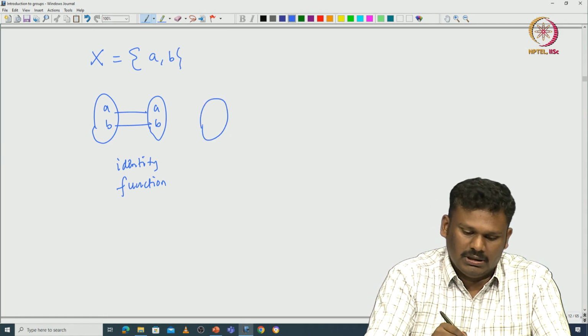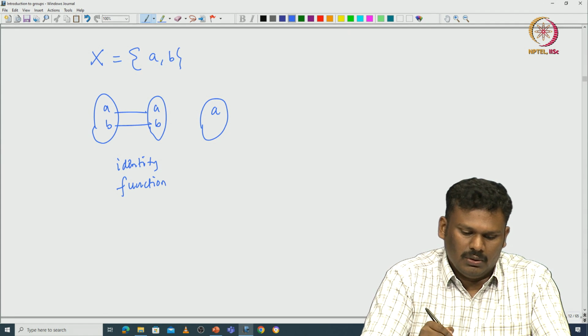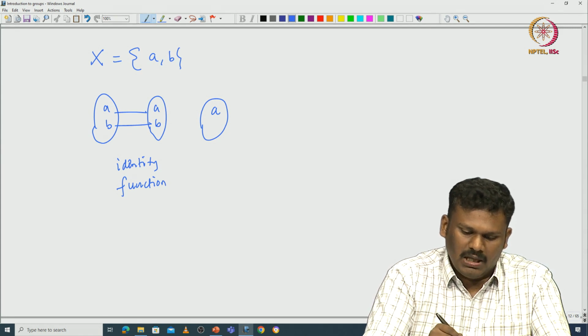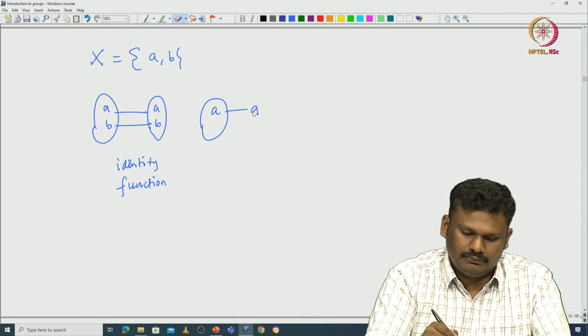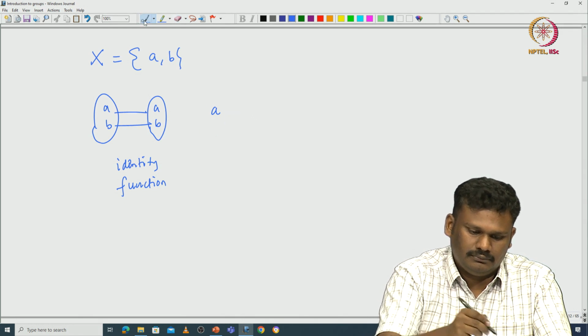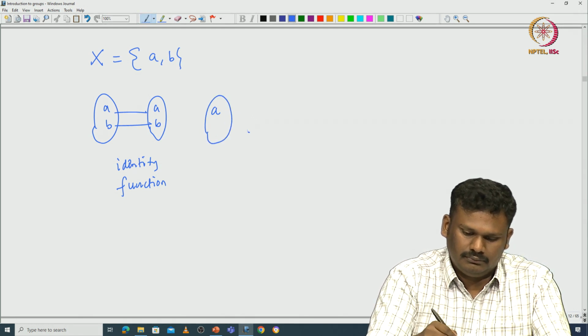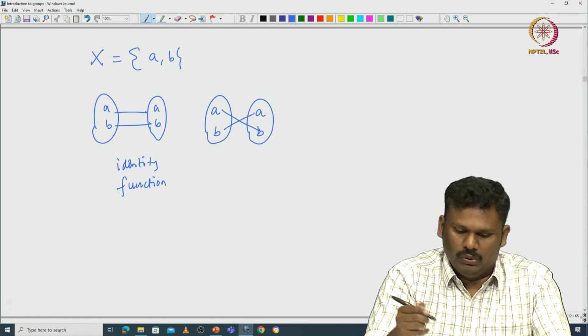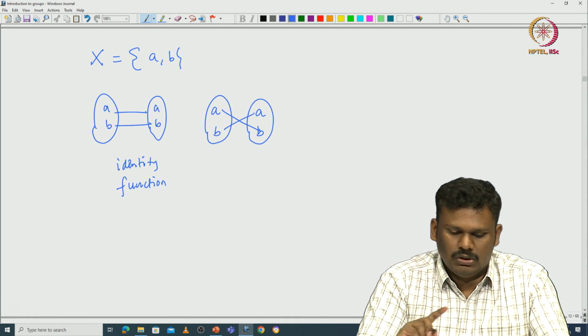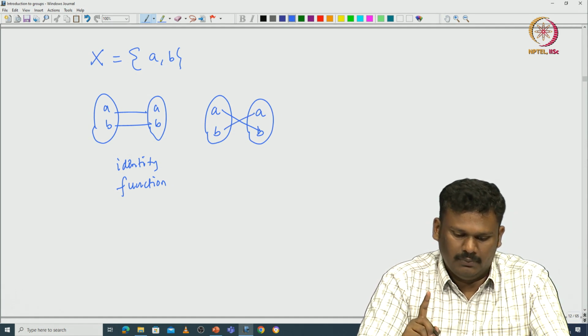Okay. Another function is you can map a to b, and then b to a. So, you can just swap them.